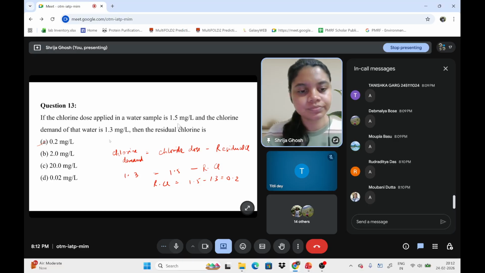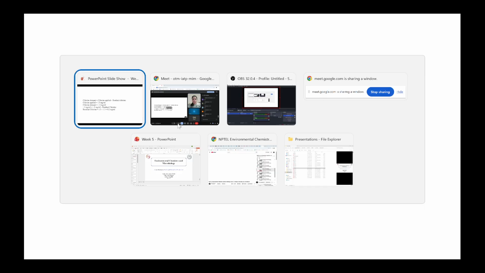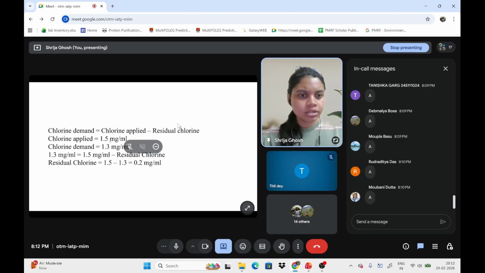Okay, so option A, all of you answered. That is the correct answer. So this is the detailed solution. Anybody has any doubt in this, please let me know.